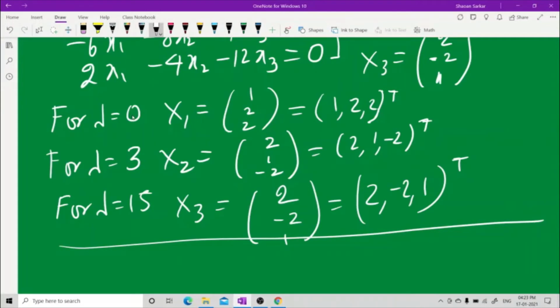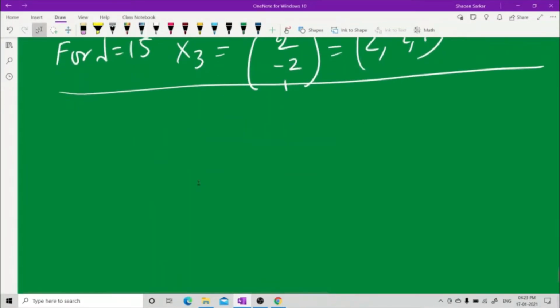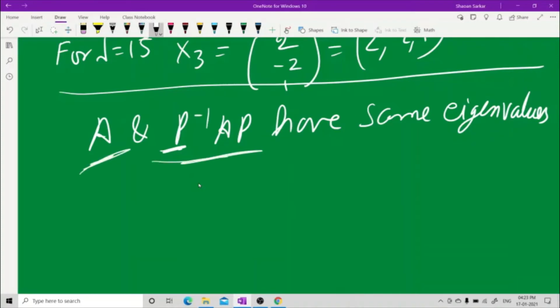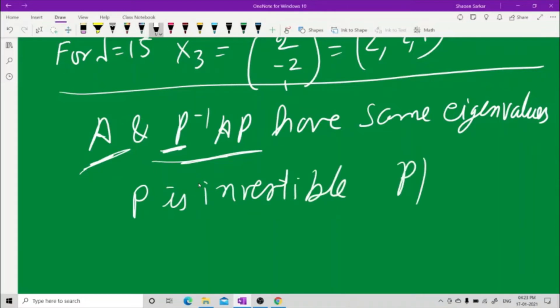One interesting fact: in my previous video I showed you that A and P inverse AP have the same eigenvalues. Now let me tell you what this P is. P is invertible, which means the determinant of P is not 0.